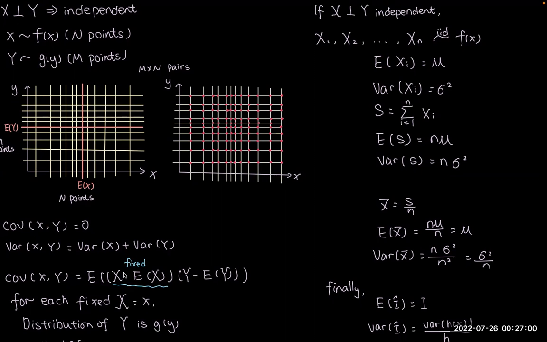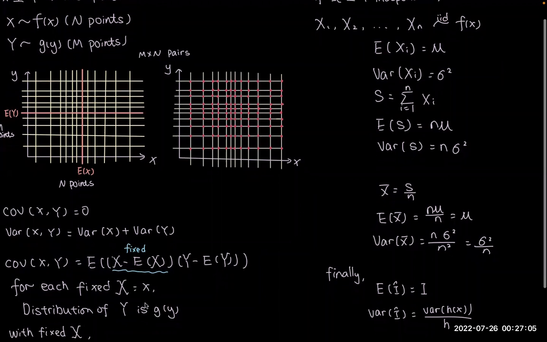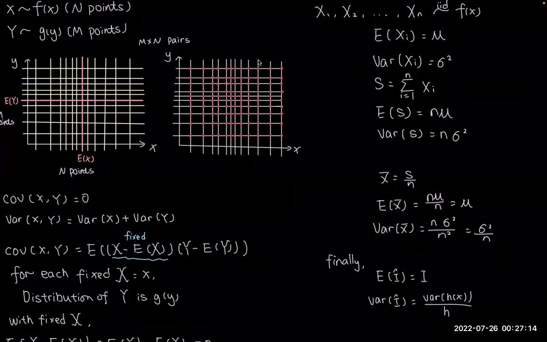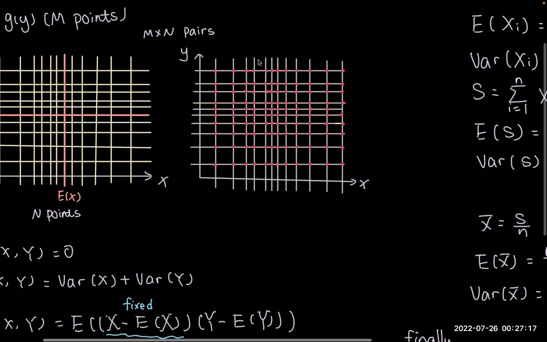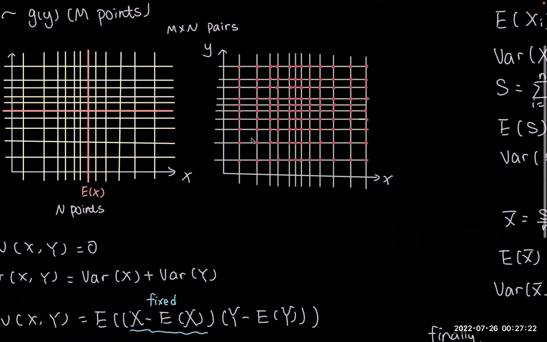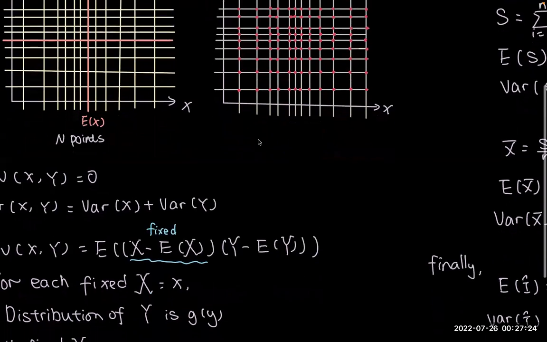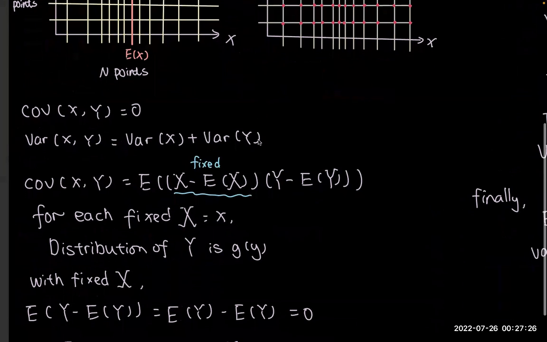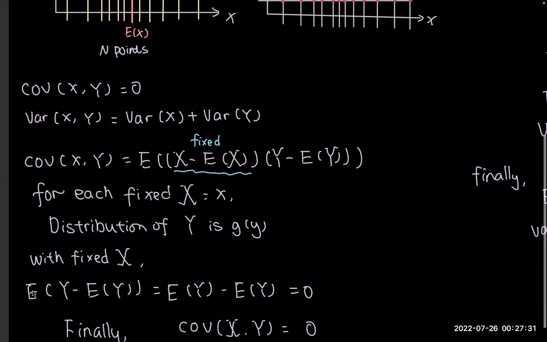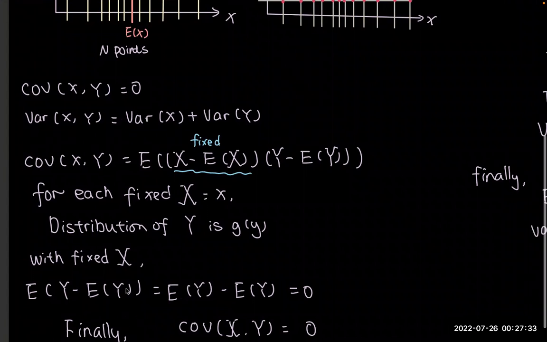So when we compute this, suppose we first fix x. For each x, if you look at the distribution of y, they are all the same. For different x, you have the same distribution of y. So that's another way of understanding independence. With this cross, this becomes quite obvious, right? At each x, the distribution of y is the same. And then you can just look at the expectation of y minus E y.